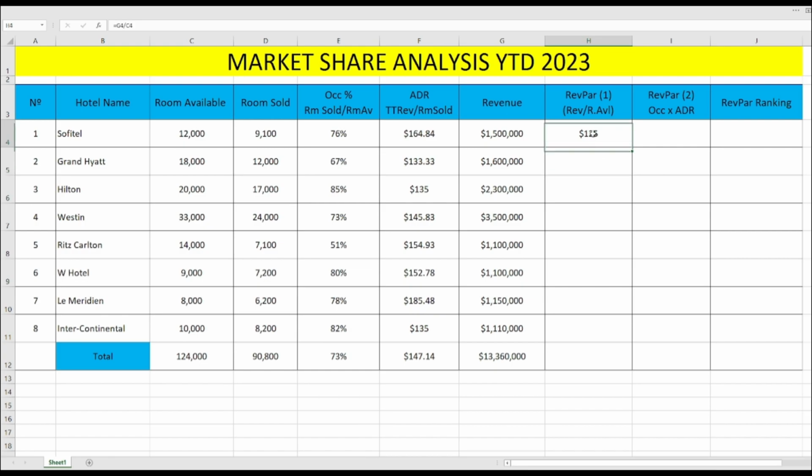So Sofitel got 164.84 US dollars ADR, 76% occupancy, and RevPAR only 125. Let's calculate the others. Let's do the same, copy and paste.